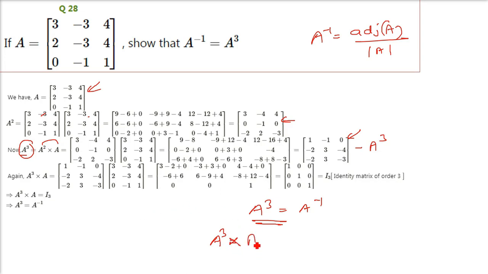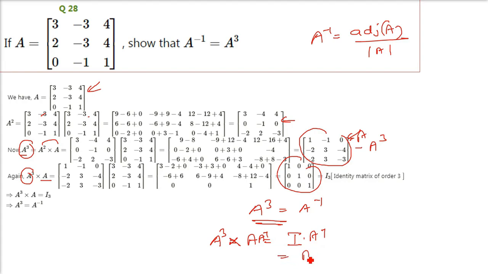A cube into A. Once you do it properly, it is going to come as the identity matrix. If you multiply A cube by A, you will get the identity matrix. So once you multiply something with A and that comes to the identity matrix, that thing is going to be A inverse. I hope you got that idea.